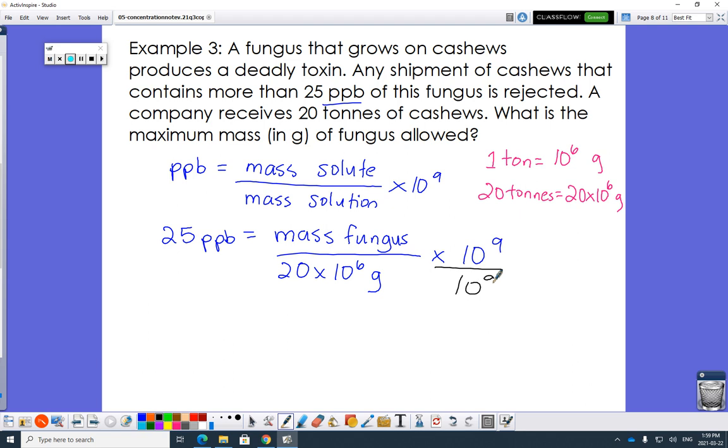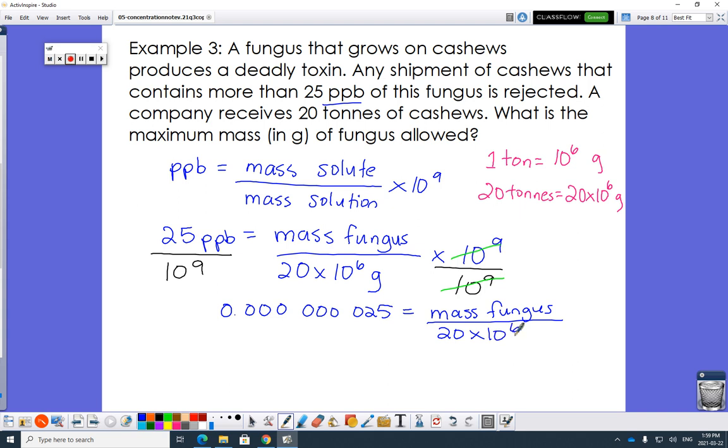Doesn't matter. 7 zeros and then 25. Okay, and then we got to get rid of the 20 times 10 to the power of 6, or 20 million, which is now dividing, so we're going to multiply.